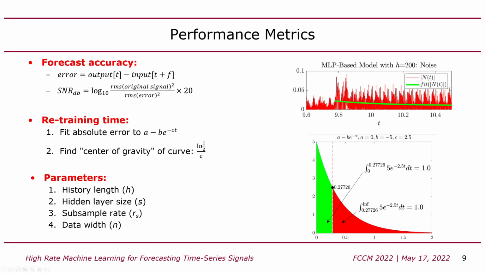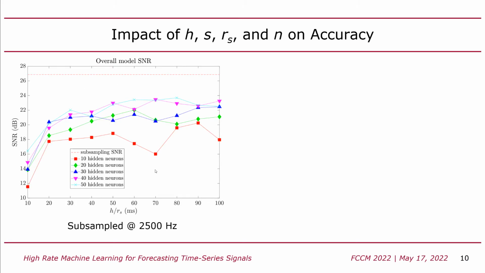We performed several parameter sweeps to evaluate the impact of h, s and r sub s on accuracy and retraining time. In this plot, we show the signal noise ratio versus h and s. So h is the horizontal axis and s are the different curves here. All of these data points use an r sub s of 2500 hertz.